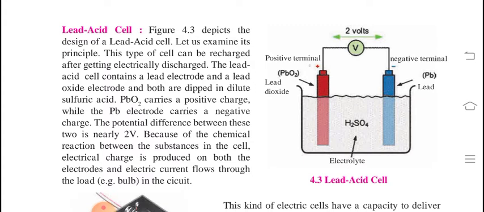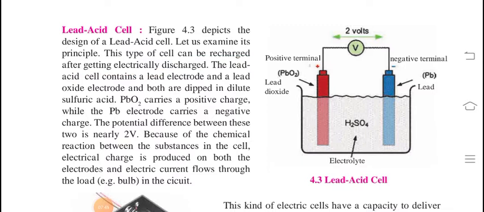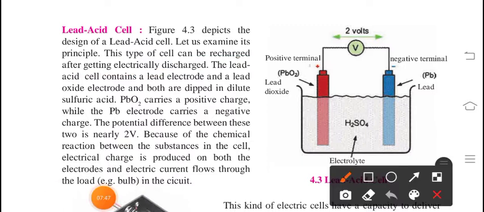The figure depicts the design of a lead acid cell. Let us examine its principle. This type of cell can be recharged after getting electrically discharged. The lead acid cell contains a lead electrode and lead dioxide electrode.